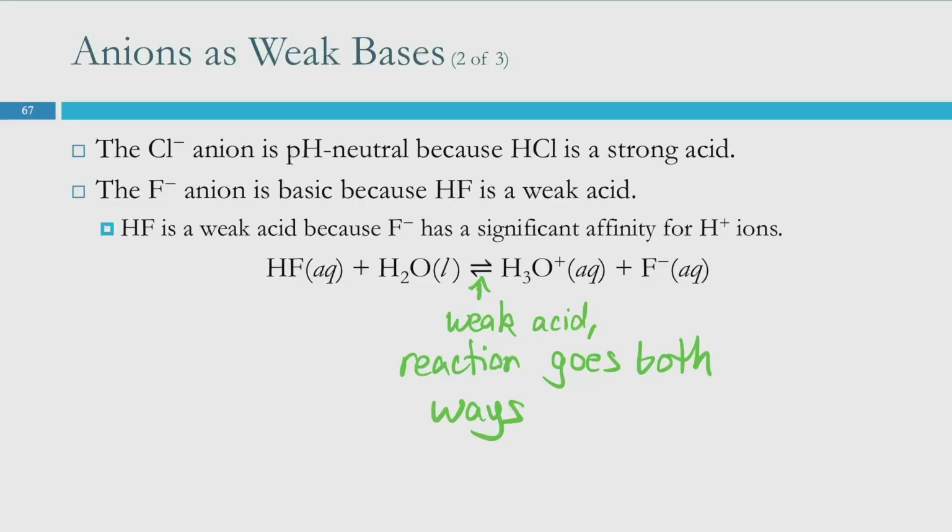It's a weak acid, so our reaction can go in both directions. That's one way of thinking of it. The other is our fluoride ion has a strong affinity for protons in solution. It's going to pick them up.